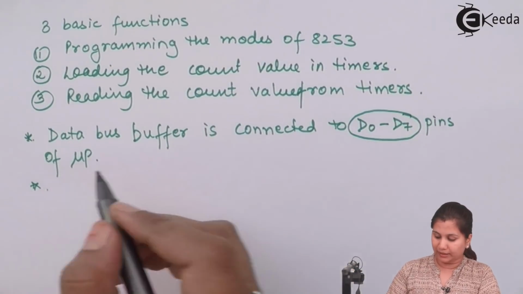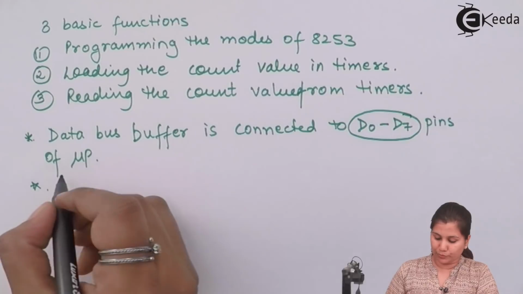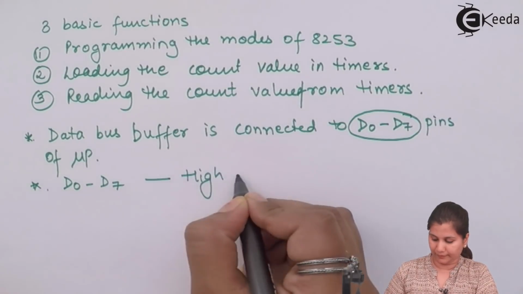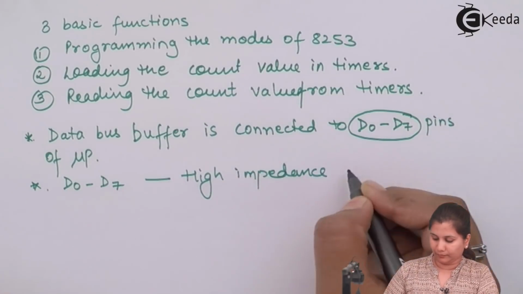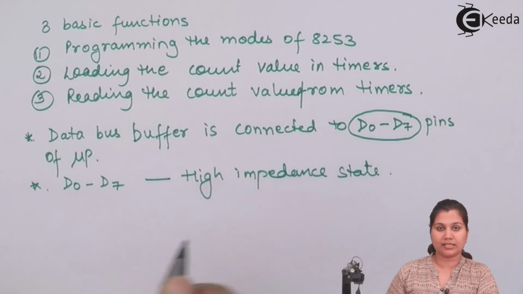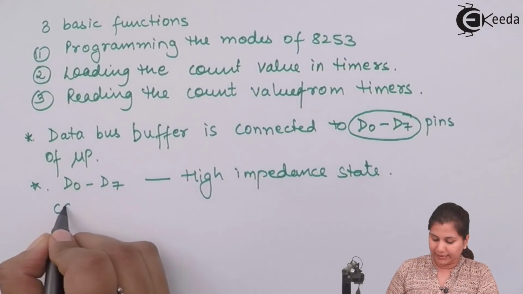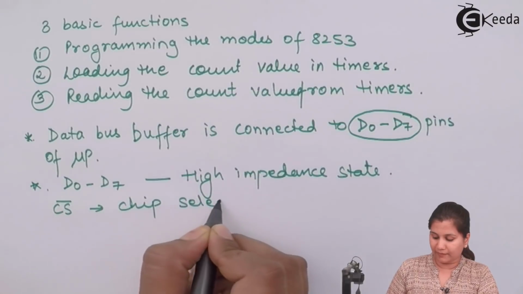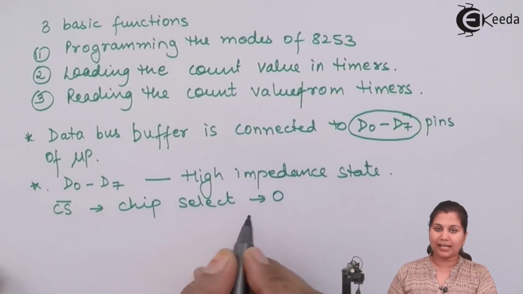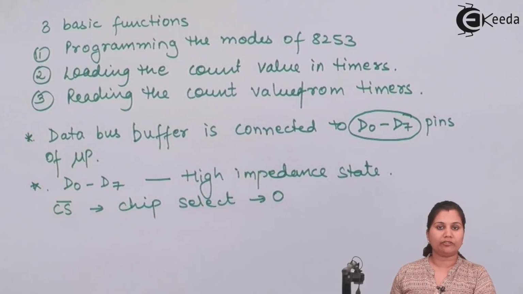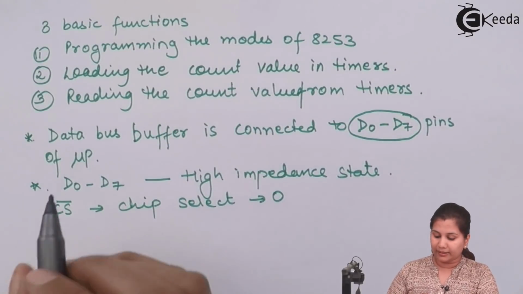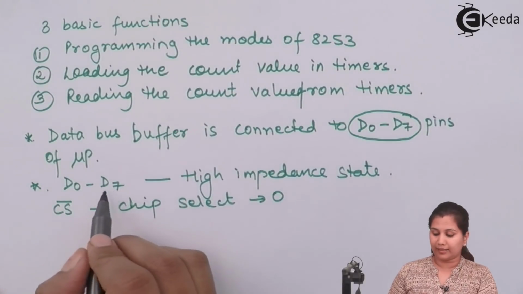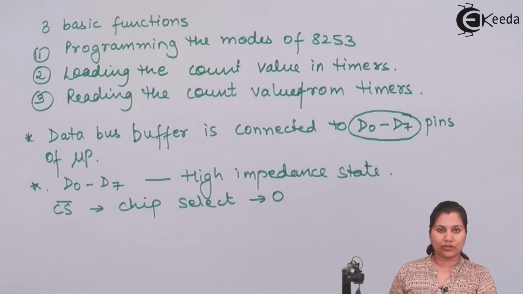Now these pins D0 to D7 are usually in the high impedance state. They are initially in high impedance state. Now when the chip select signal is enabled, means its value is 0, it means that the microprocessor wants to communicate with the chip, and then these D0 to D7 pins get activated and the data is transferred.